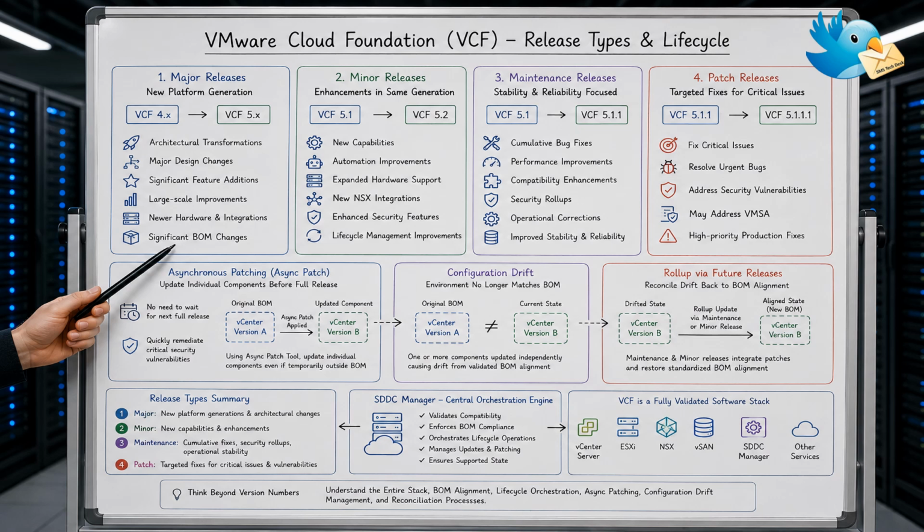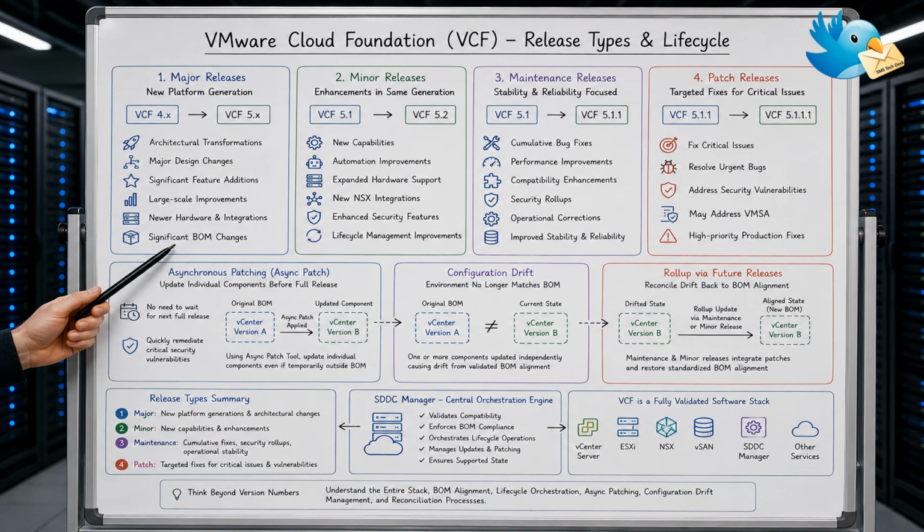All this comes under the major release category. This major release introduced important changes, new platform features, improvements, security frameworks, and the bill of materials which is going to change across the complete VCF stack. If you compare the bill of materials for 4.x to 5.x, it is completely different. The same way, if you compare the bill of materials for VCF 5.x to 9.x, it's a different one.